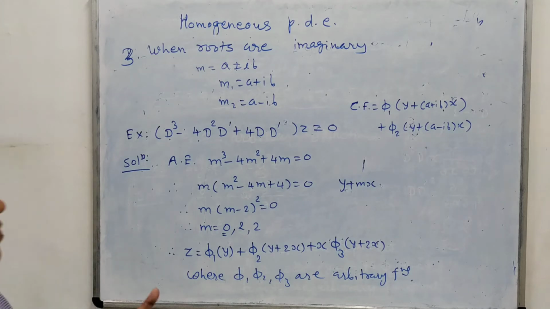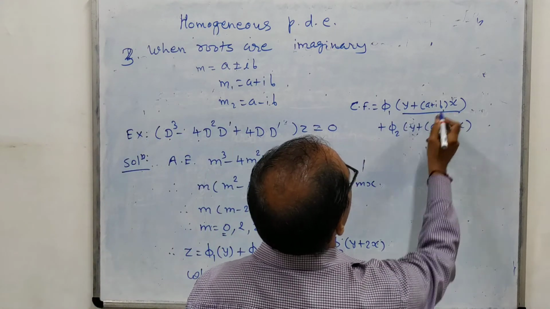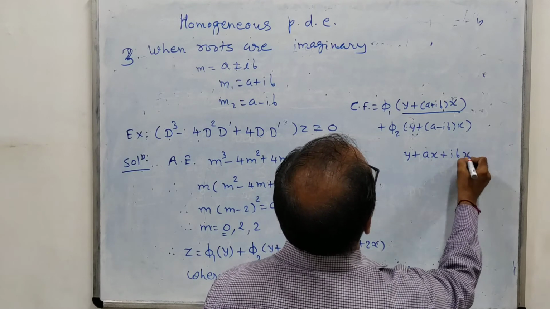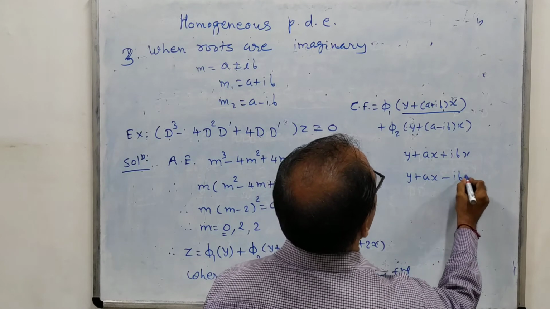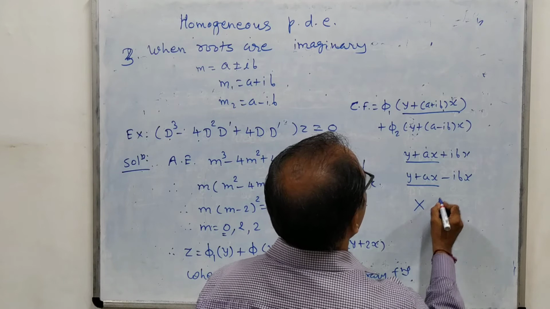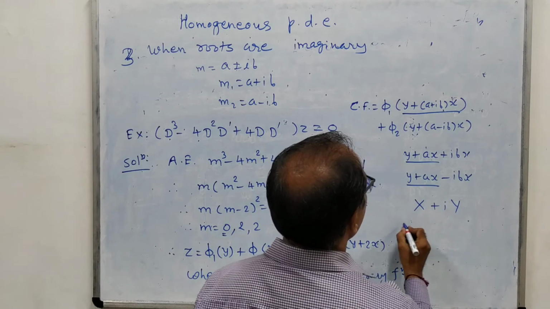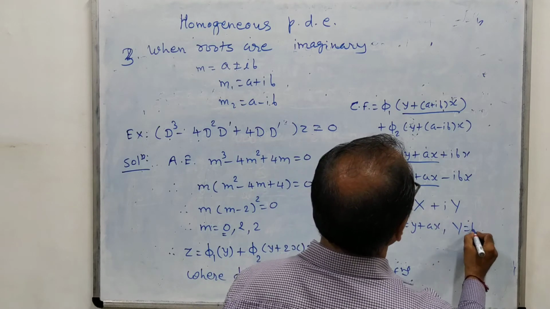Okay. And you can put more simplification if you want, because this part can be written as y plus ax plus ibx, and this you can write as y plus ax minus ibx. So this you can assume as capital X, and this you can assume as capital Y. That is capital X equal to y plus ax and capital Y equal to bx.